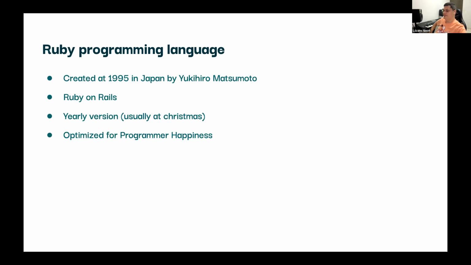Actually, we had a conversation like that on the chat a few days ago about Ruby not being optimized for performance, but for programmer happiness and to be more maintainable and stuff like that. And I like that idea, to be honest with you. I was never that kind of computer science person. So I like Ruby because of it.